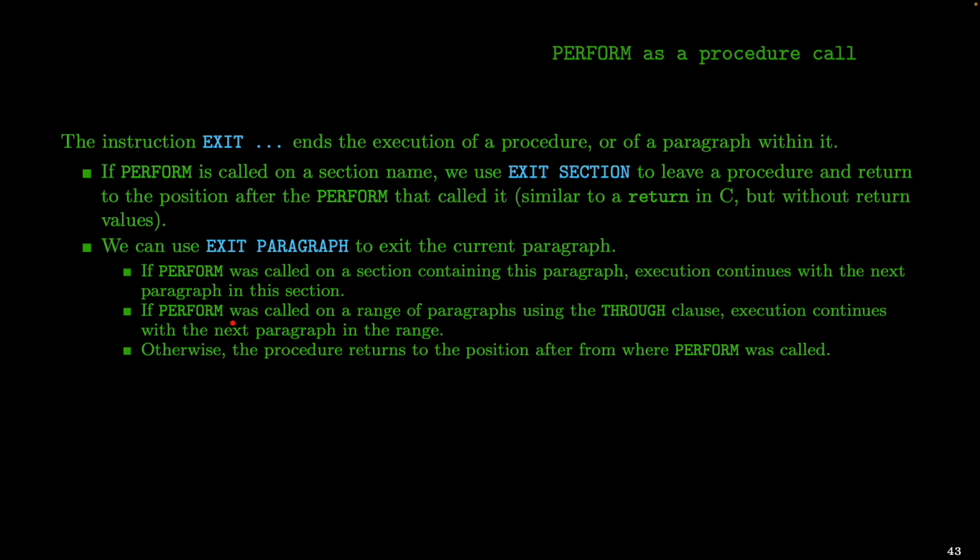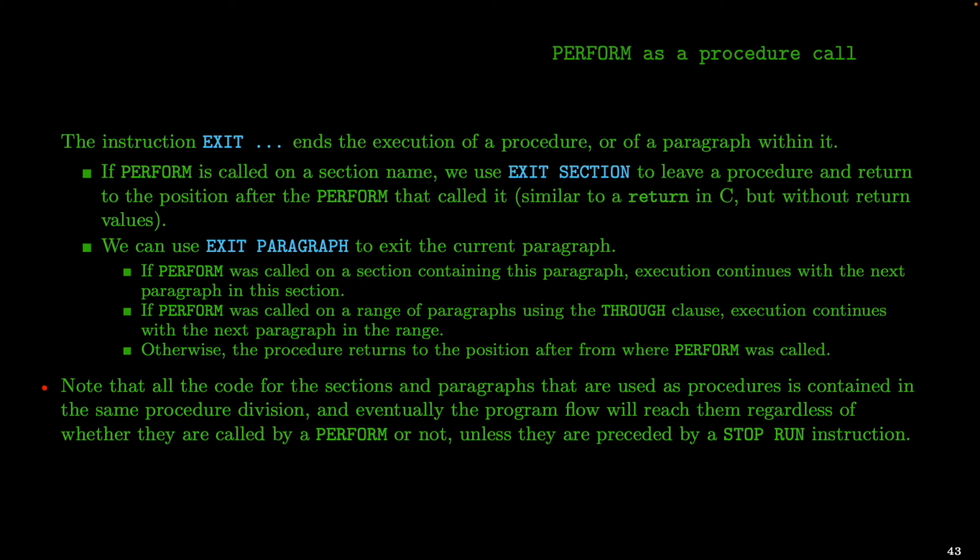If you used perform to call it on a range of paragraphs using the through clause that I just a few seconds ago introduced, then the execution will continue with the next paragraph within that range. And otherwise, if you simply called perform on a simple paragraph, then you would return to the position after the perform statement that you used for your call originally.